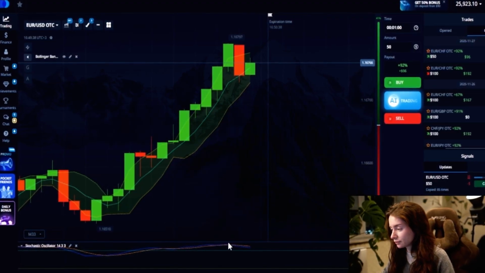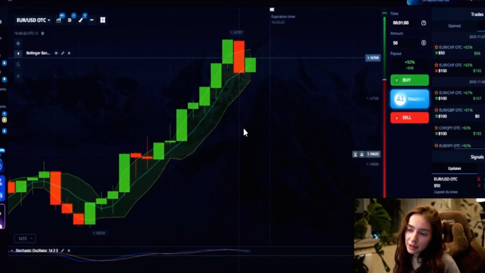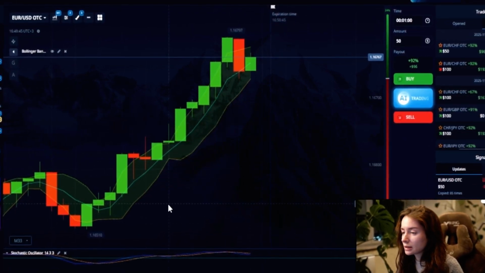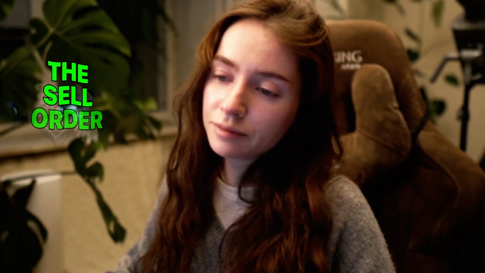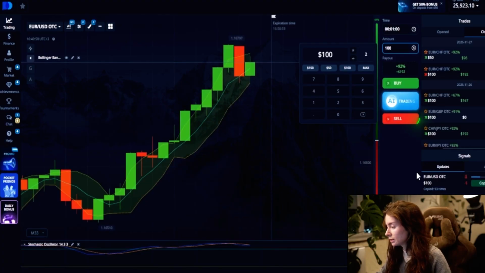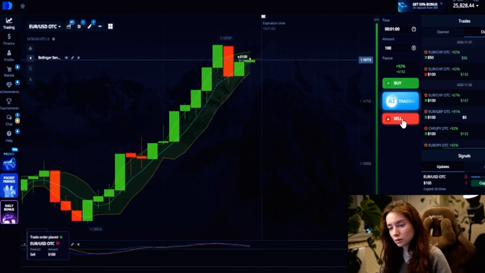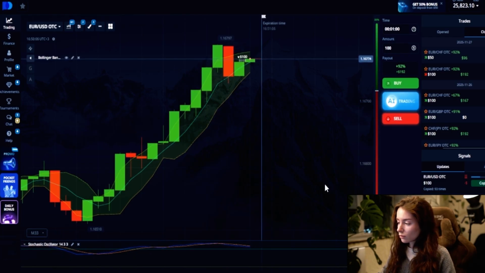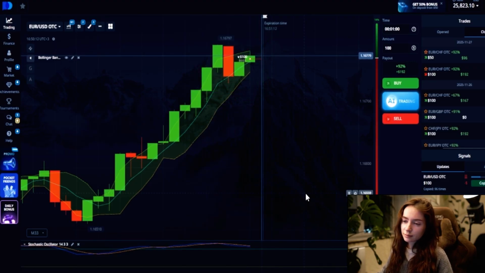Accordingly, we can place a sell trade here. Now we'll try to open a sell order. So we set it up, open it, and wait for the result.